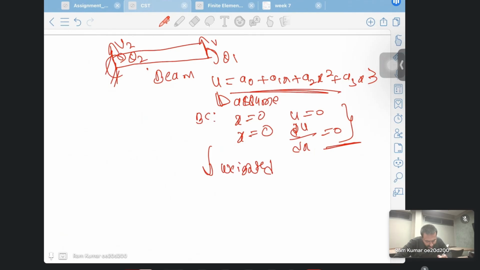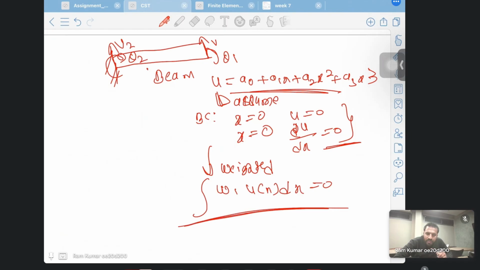We find the strain and then integrate w1 times the residual dx equal to 0. Do you remember these things? Yes, see, I have not revised. So this is the one procedure. After solving, you will get 2 functions, N1 and N2. Okay, sir, I will go through it.